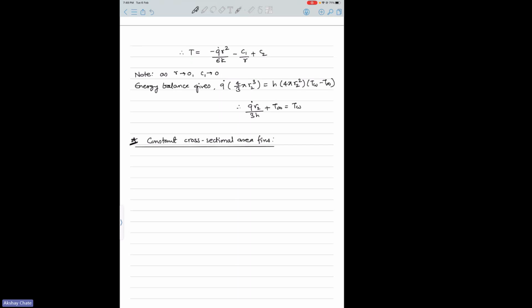In this case, if the fin is like this, something like this, it's a typical rectangular fin.